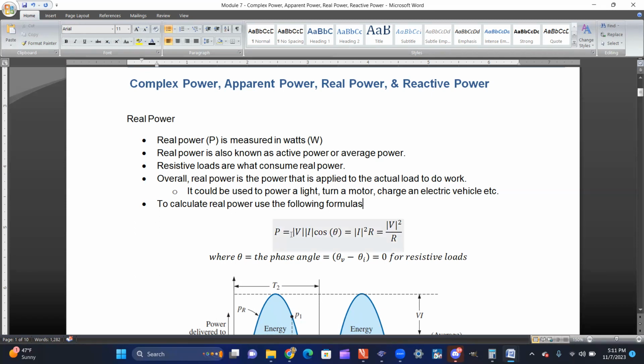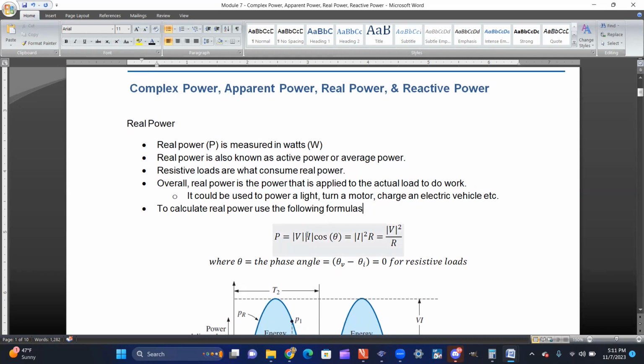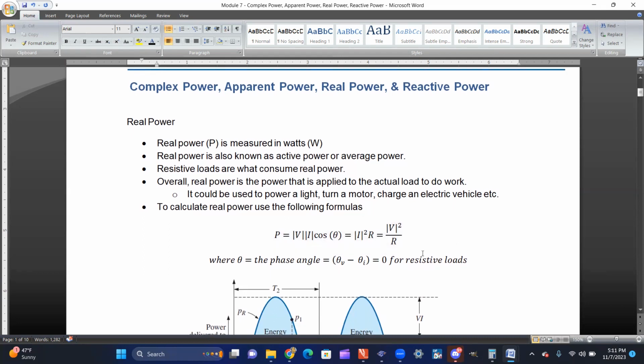Make note of these vertical lines right here that indicate that this value is the magnitude. The majority of the time in this section we're going to be working in polar, so the magnitude is the number that's in front of the angle symbol.